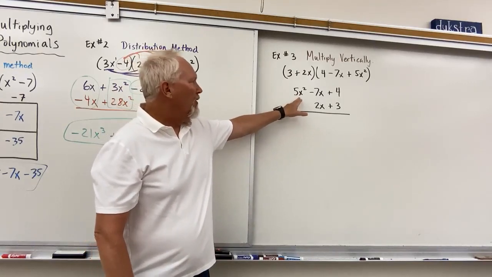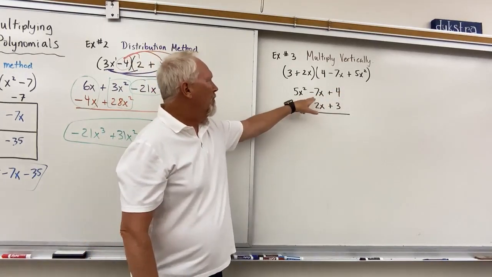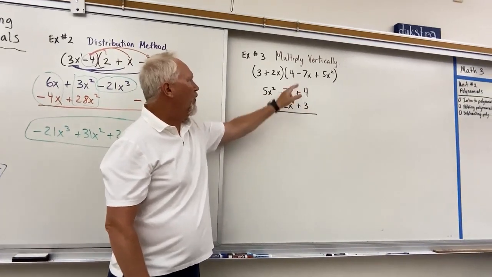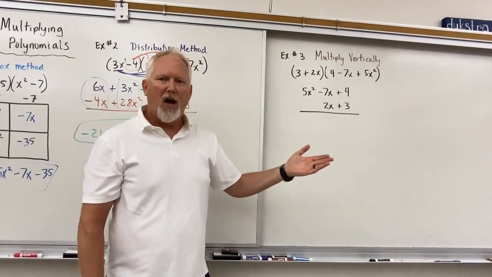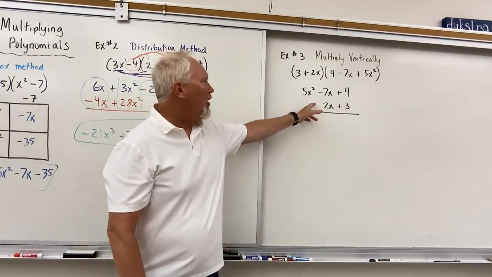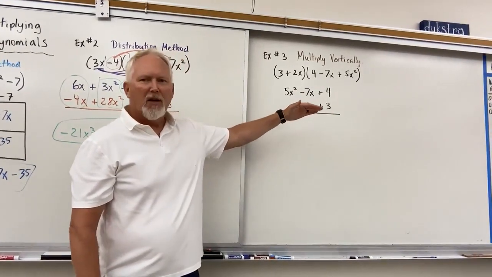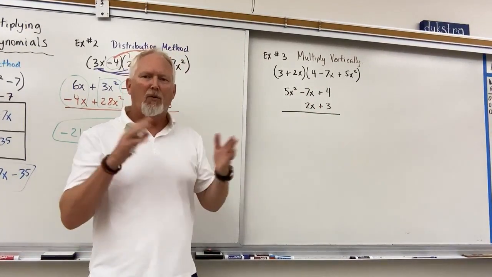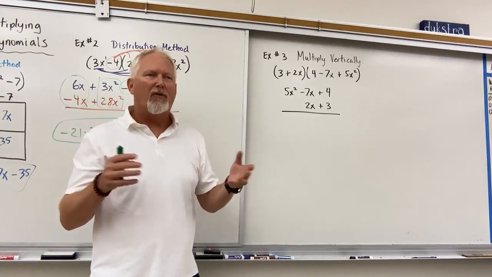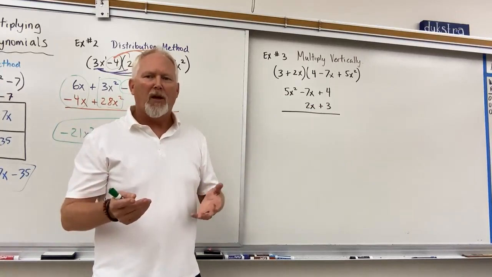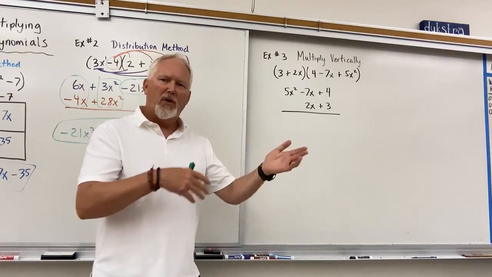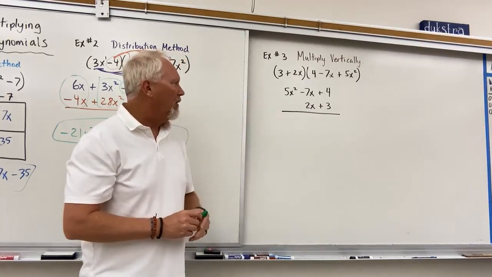So 5x squared minus 7x plus 4. The trinomial is on top. And then I'll put the binomial on the bottom because we do this similar to how we do multiplication if we have a large number, say, and we're multiplying it by 21 or so. So then we distribute that away.